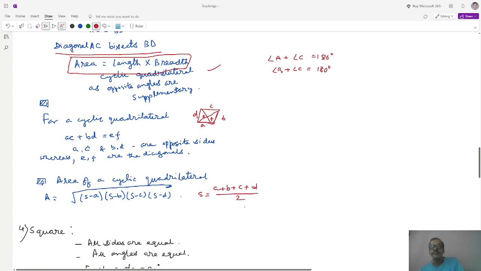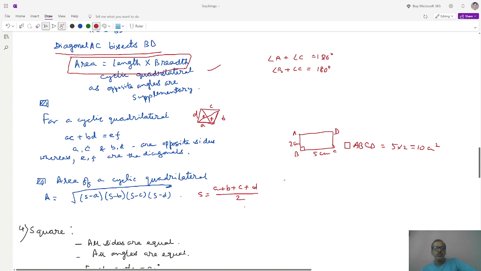If we take a rectangle simply having length equal to 5 centimeters and breadth equal to 2 centimeters, then the area of ABCD equals 5 into 2 equals 10 square centimeters.